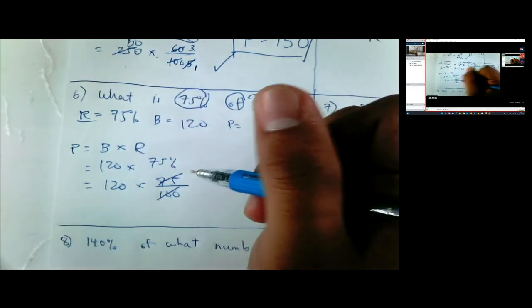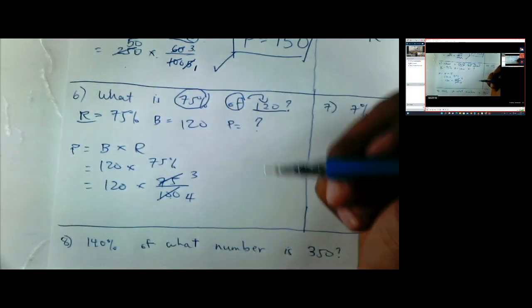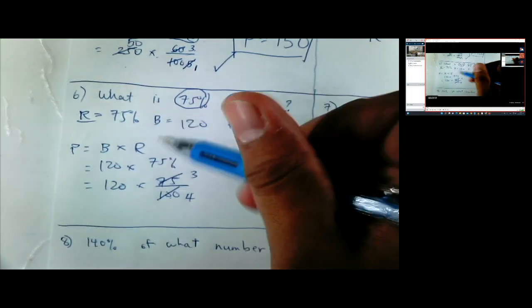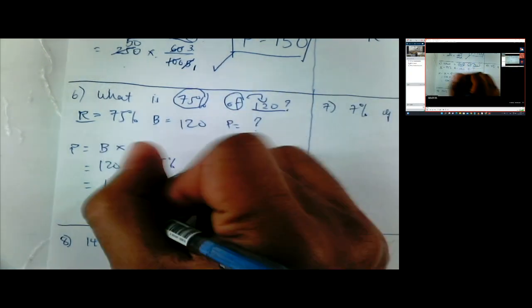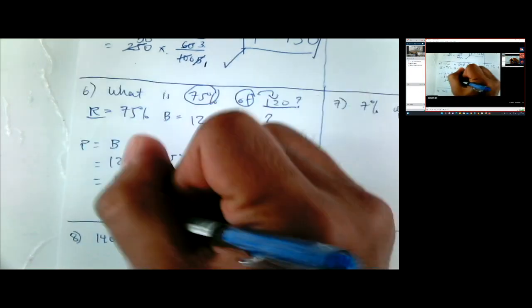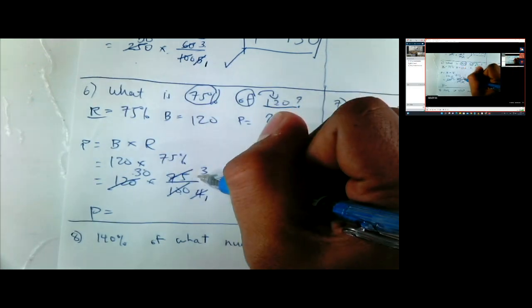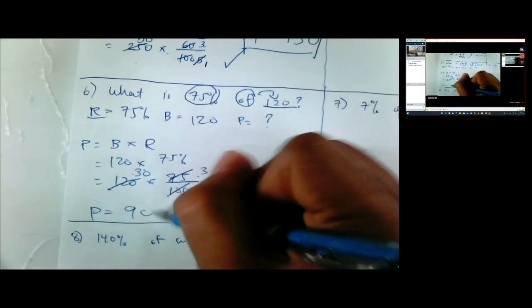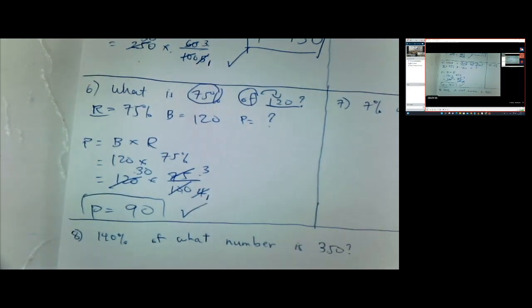We can divide by 25 over 25, and this will be 3 over 4. Okay? And if we're going to simplify 120 and 4, 120 divided by 4, right? This will be 1, this will be 30. And so your percentage is equal to 30 times 3 is 90, divide 1 is 90. So your percentage is equal to 90.